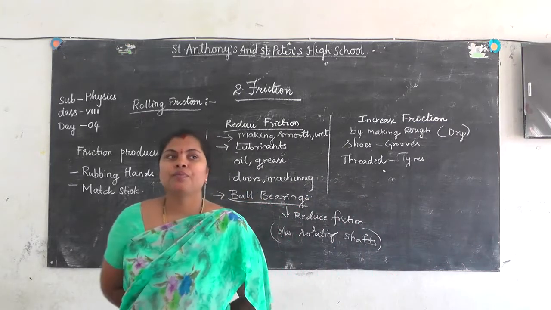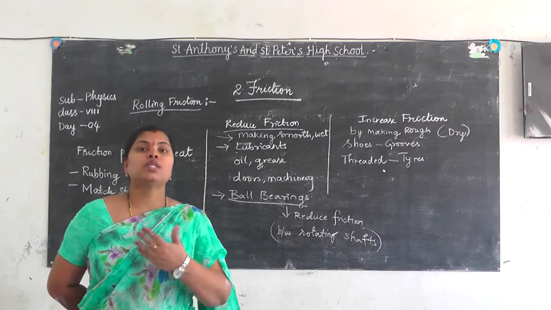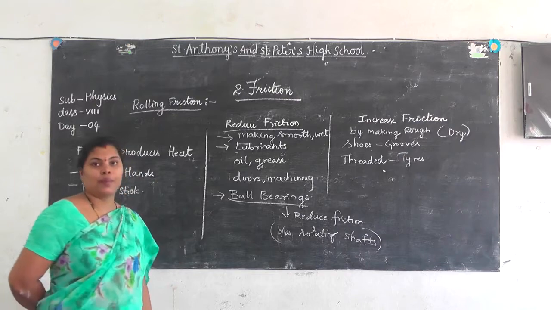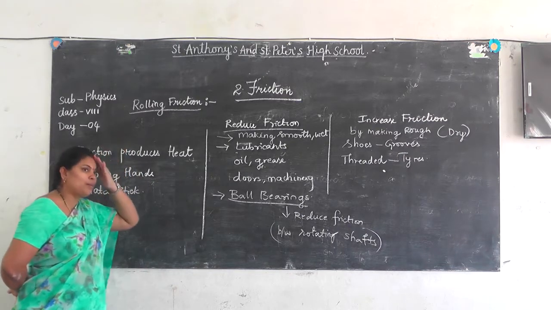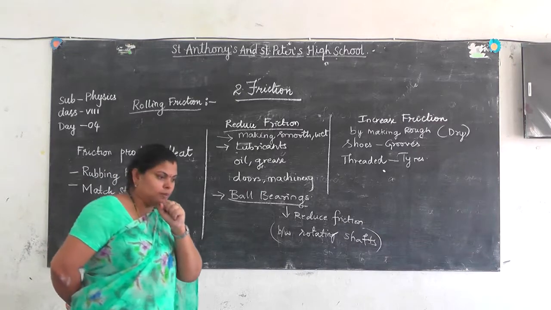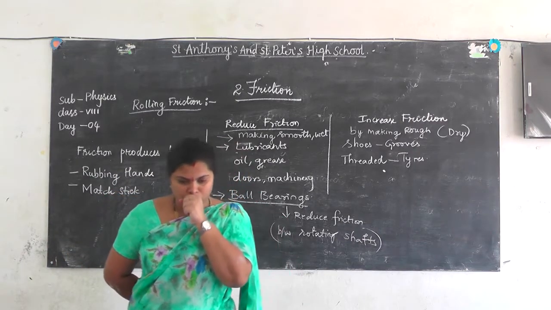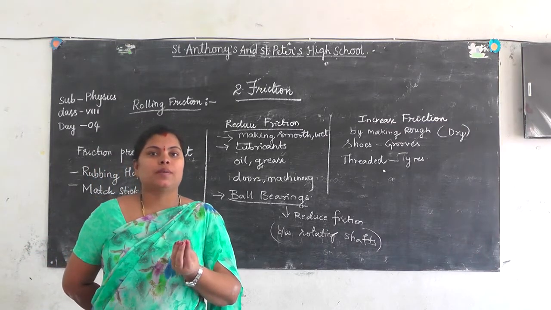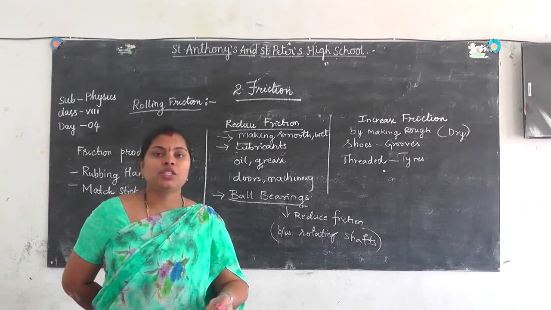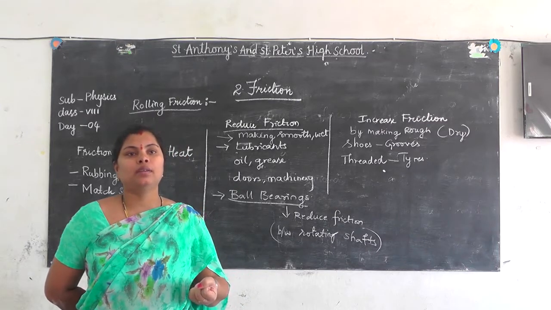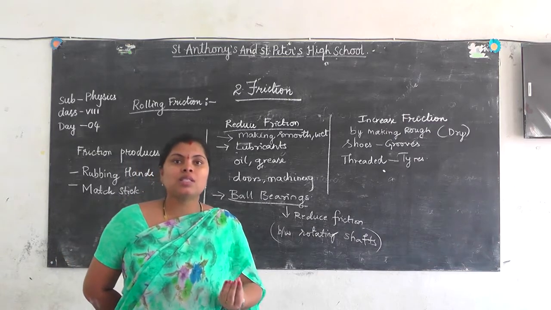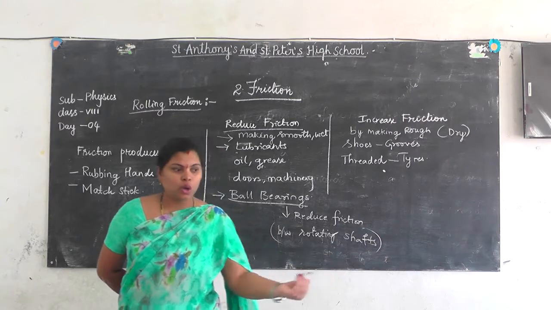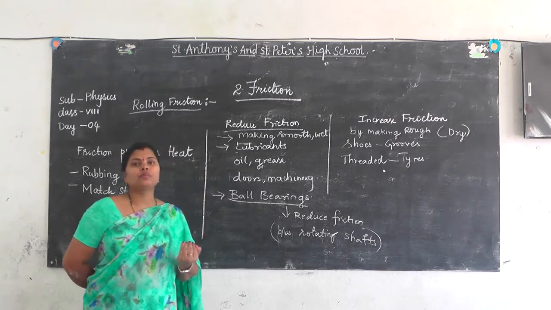Coming to rolling friction, when one object rolls over another object, rolling friction comes into play. For example, your suitcase will have rollers. Instead of holding the suitcase in your hand, if you have rollers at the bottom, you can roll it over the surface of the floor.